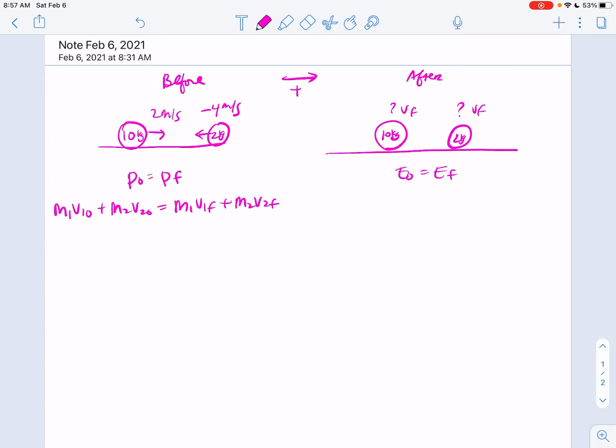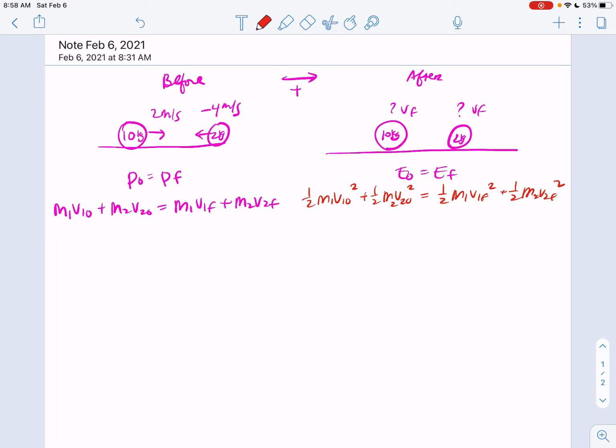And then conservation of energy: 1/2 M1 V1 initial squared plus 1/2 M2 V2 initial squared equals 1/2 M1 V1 final squared plus 1/2 M2 V2 final squared.